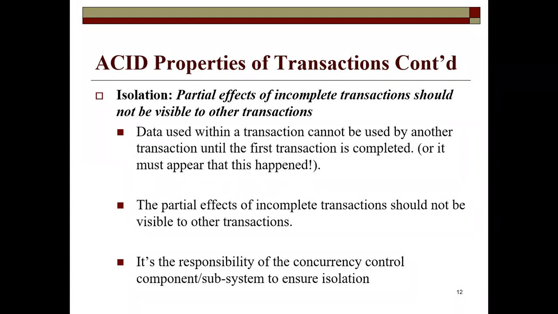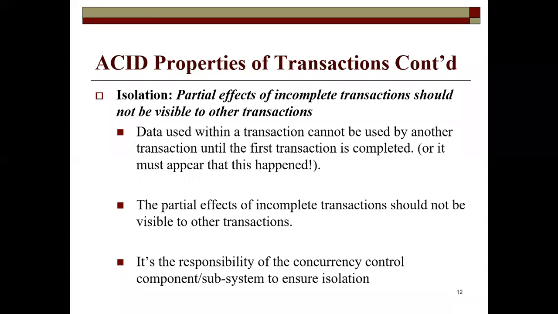In other words, if one transaction is making an update to a value that you would like to read, you should not be permitted to read until updates have been made permanent. Because if you read it before it is made permanent or committed, chances are that the transaction that made the update will move from a partially committed state to a failed state. And that simply means that update will be lost.